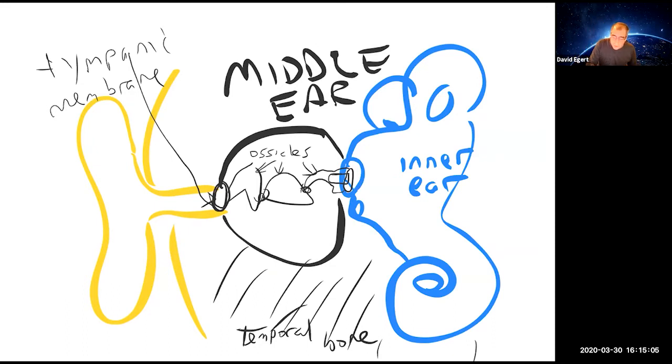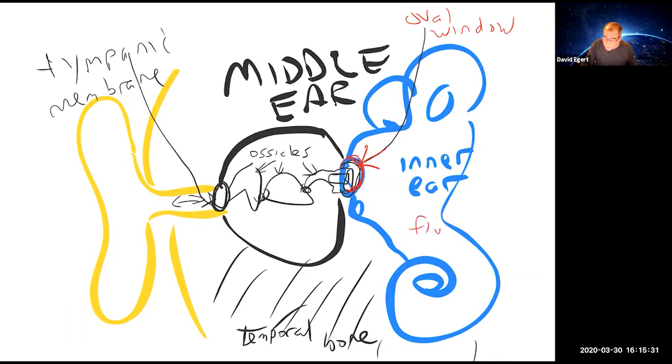And what they do is efficiently transfer the movement, the vibration of your eardrum, which is moving due to the sound. They push and pull on this little thing here, which is the oval window, the entrance into the inner ear.